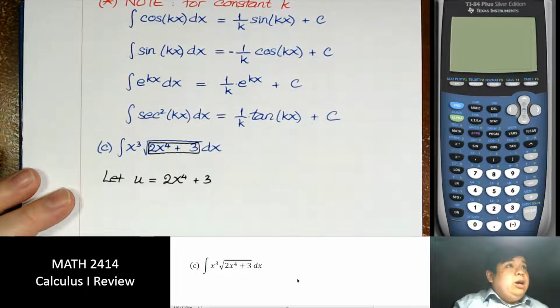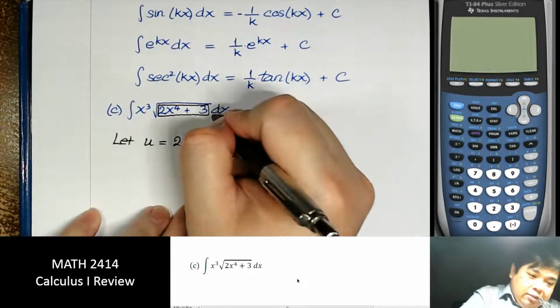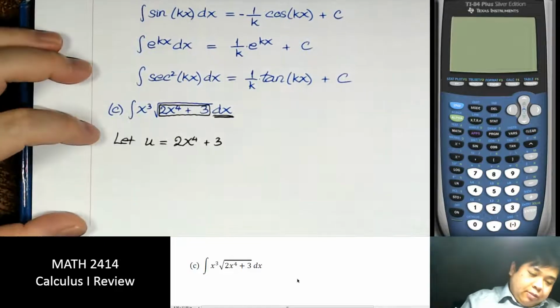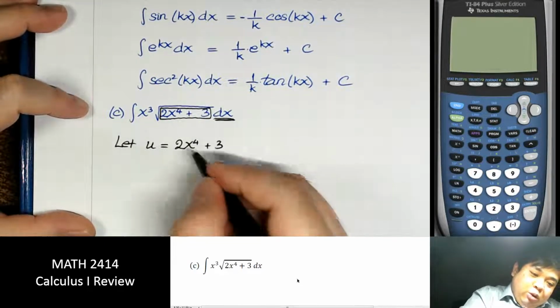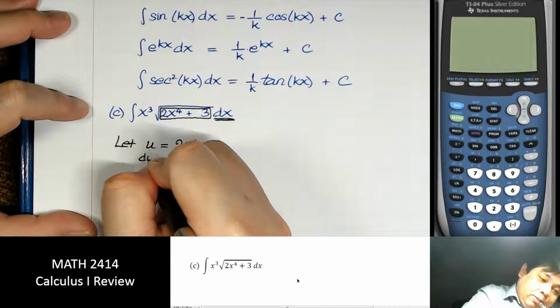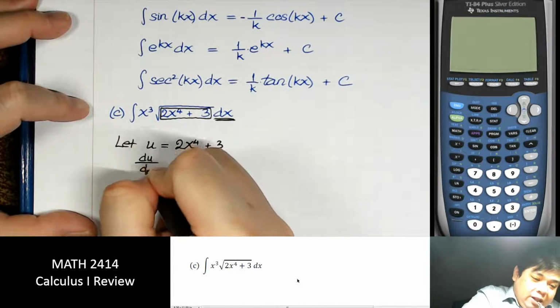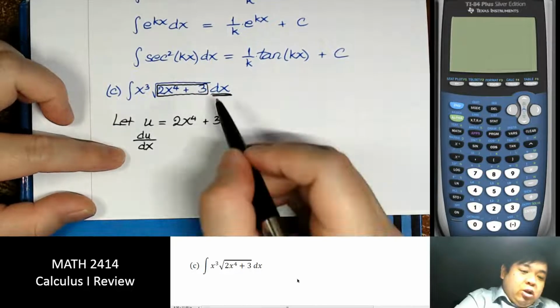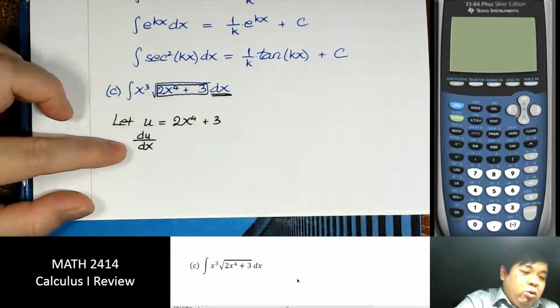So we have u. What we need to do next is solve for dx. If u is 2x to the 4th plus 3, we take the derivative. This time I write the derivative using du over dx because we need to have dx.